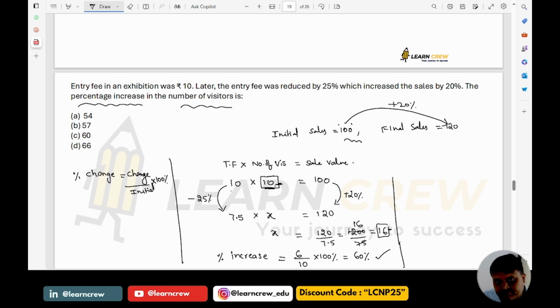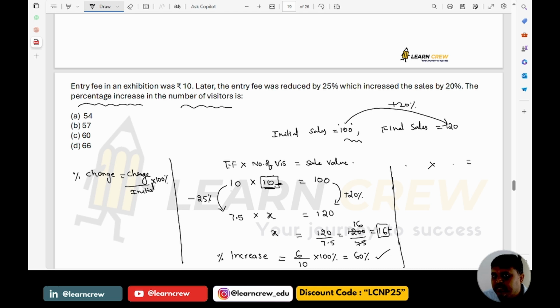And remember, there is one more way of doing this. Please understand, a very, very important model. Here the entry fee into number of visitors is equal to sale.